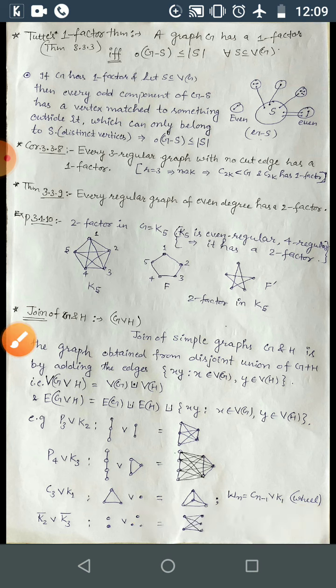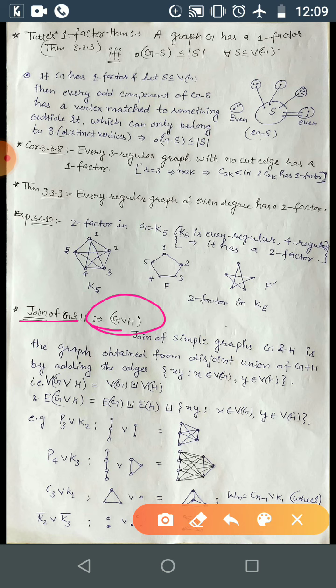Now you can come to the definition of the join of G and H, where G and H are simple graphs. The join of these two graphs is denoted by G ∨ H, this V symbol, or you can just say the disjunction symbol. The same thing we have done in discrete mathematics, correct.